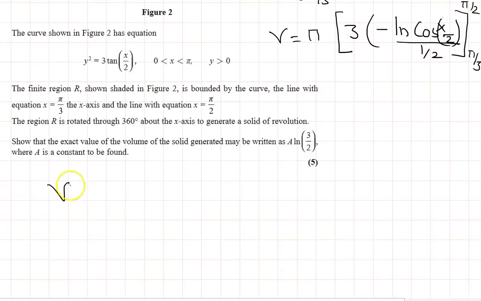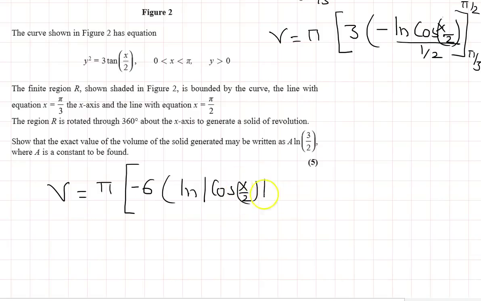So we can write here V is equal to pi, this will become 6, this is minus 6 ln the modulus of cos(x/2), from pi over 3 up to pi over 2.